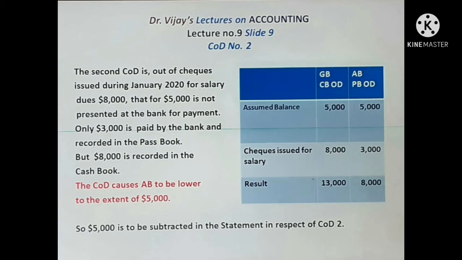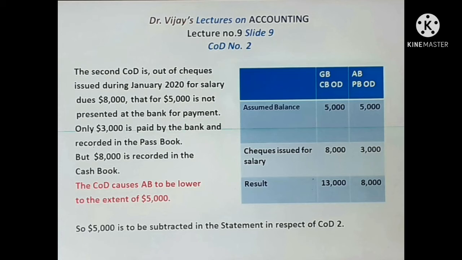Now look at the model. GB is OD as per cash book and AB is OD as per passbook. Assumed balance, the same amount is shown in both the columns. Now checks issued for salary: 8,000 is recorded in the cash book. Only 3,000 is recorded in the passbook because the remaining 5,000 is not so far presented at the bank and is not paid by the bank.